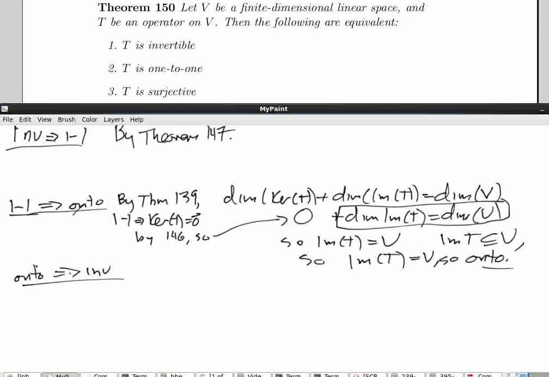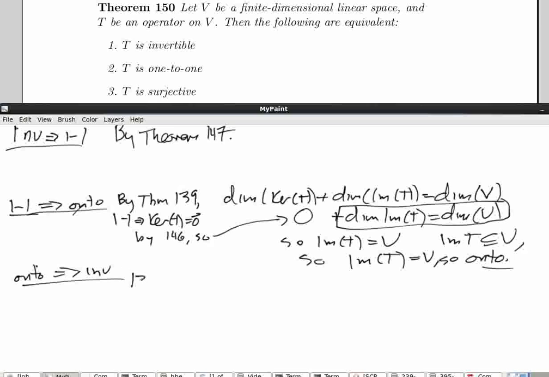So let's assume that it's onto. If it's onto, we're going to prove that it's invertible. And what I'm going to use here is theorem 147, which says that if it's 1-1 and onto, it's invertible.